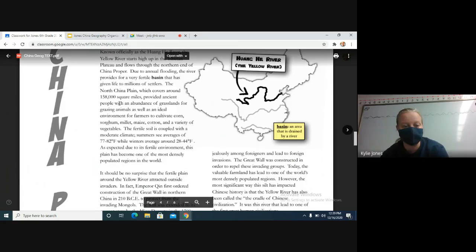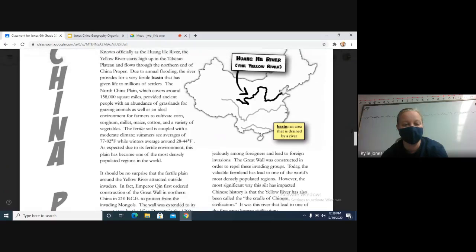The fertile soil is coupled with a moderate climate. Summers see an average of 77 to 82 degrees, while winters average around 28 to 44. As expected, due to its fertile environment, this plain has become one of the most densely populated regions in the world.